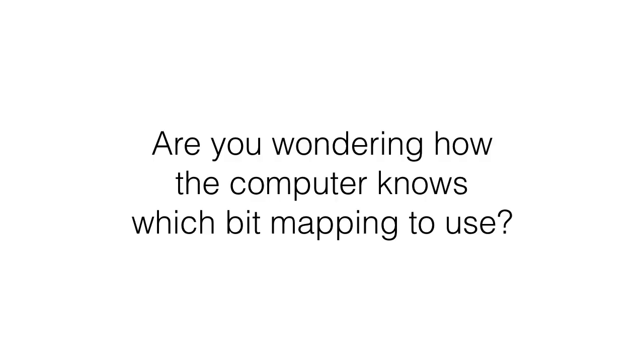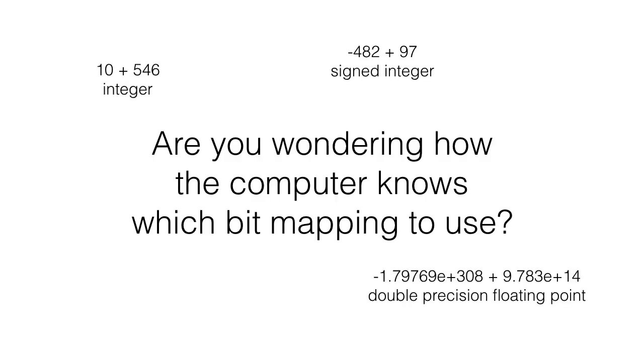How does a computer know which bit mapping to use? Are you wondering that? Are you getting kind of confused? So if we look at all these numbers, how does it know which one is being used? Well, let me tell you, the way it knows is because of the software that you're using.